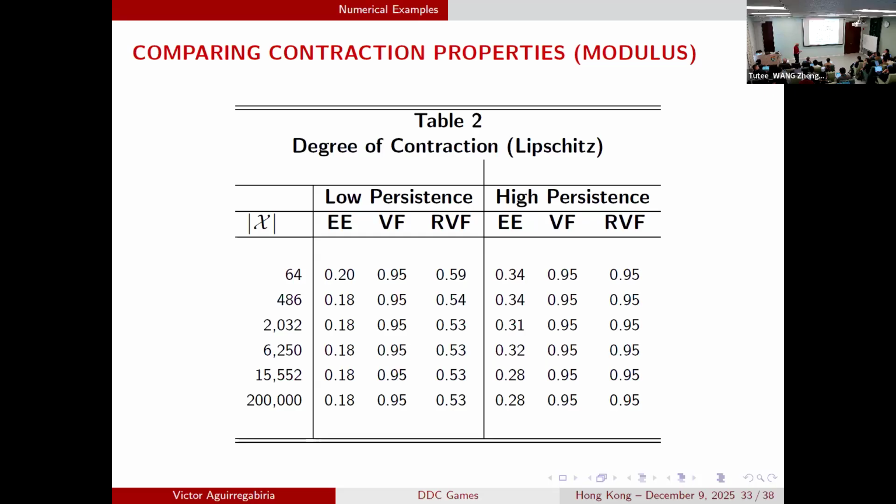Relative value function iteration has a substantially smaller modulus when we have low persistence, but as soon as we go to high persistence, we see that it is not different to value function iteration, while our Euler equation mapping operator still has a very good Lipschitz constant that implies very fast convergence.